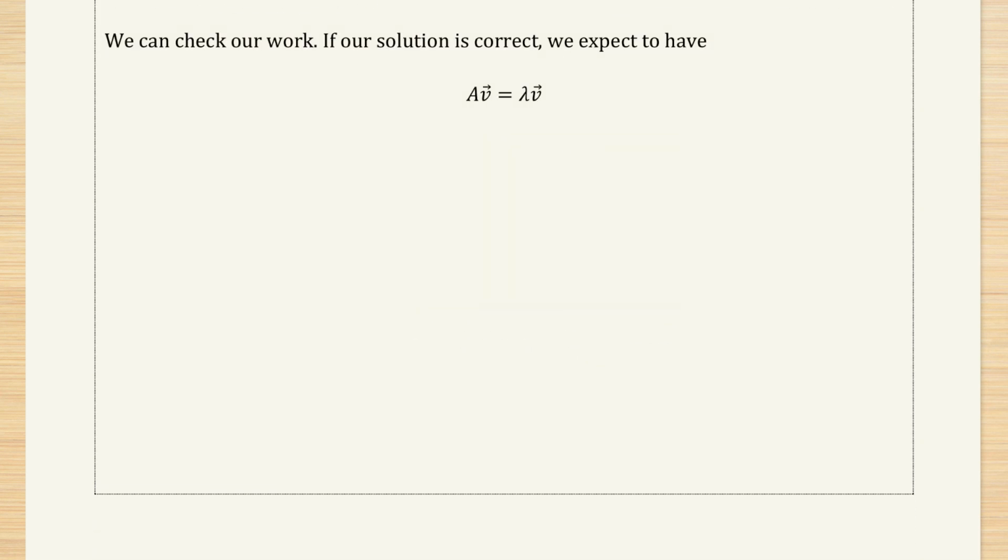Though not necessary, we can check our work to see if matrix A multiplied by an eigenvector does in fact equal an eigenvalue multiplied by the eigenvector. Starting with the eigenvalue -2. On the left side, matrix A multiplied by the eigenvector 1, 1. And on the right side, we have the eigenvalue -2 multiplied by the eigenvector 1, 1.